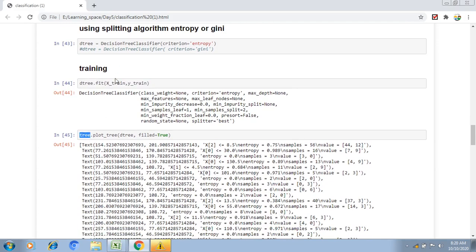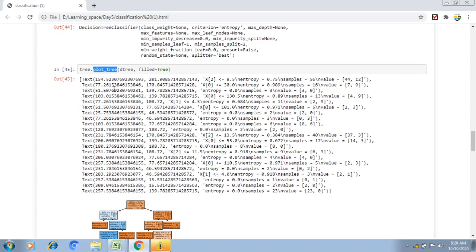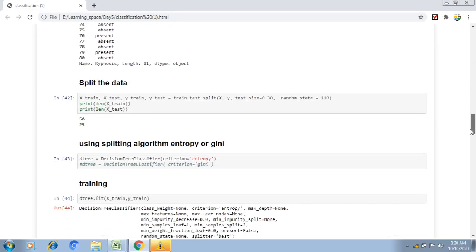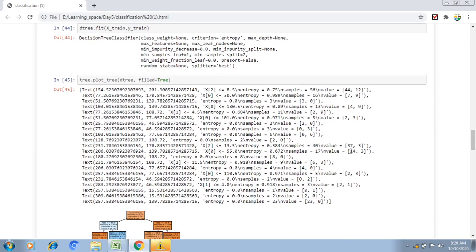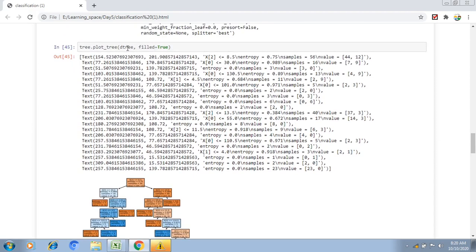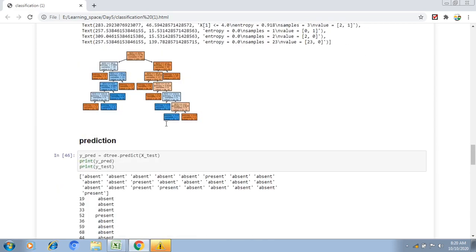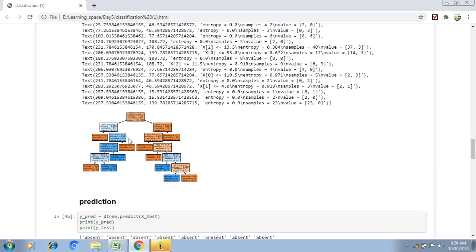Next, I am plotting my tree. tree.plot_tree is one of the methods in sklearn for plotting our decision tree. D tree is my object, and I am just passing it here to plot the decision tree.